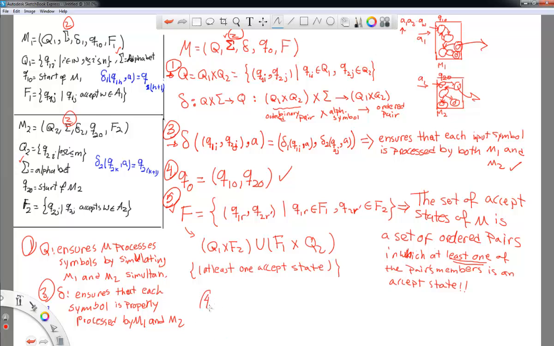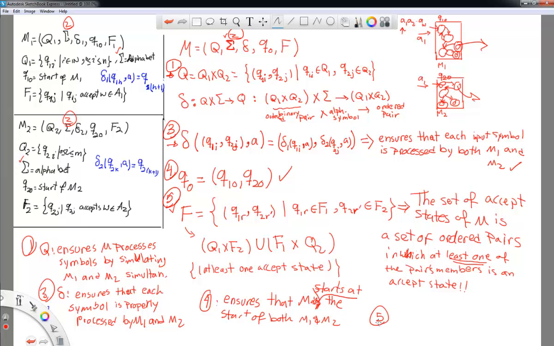Number 4 ensures that M starts at the start of both M sub 1 and M sub 2.